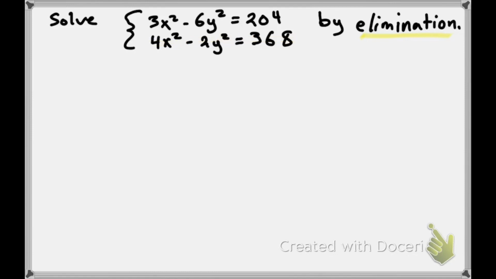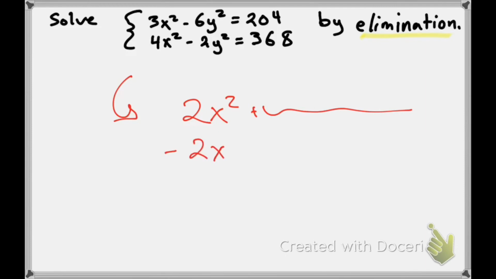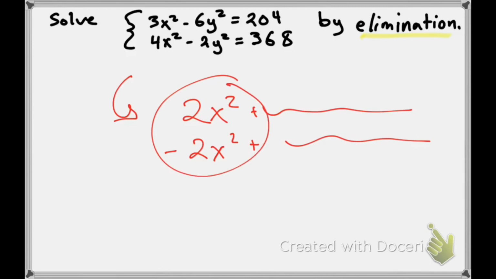Now using elimination, basically what I want to do is get to a point where I have, I'm just going to make this up, like 2x squared plus other stuff, and then a negative 2x squared plus whatever else, because when I add these two together, they equal 0, they disappear.